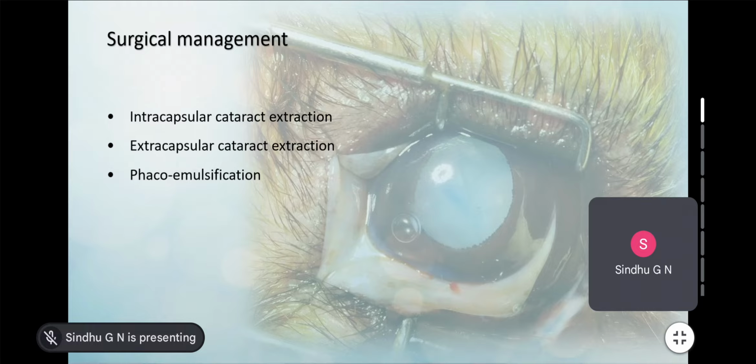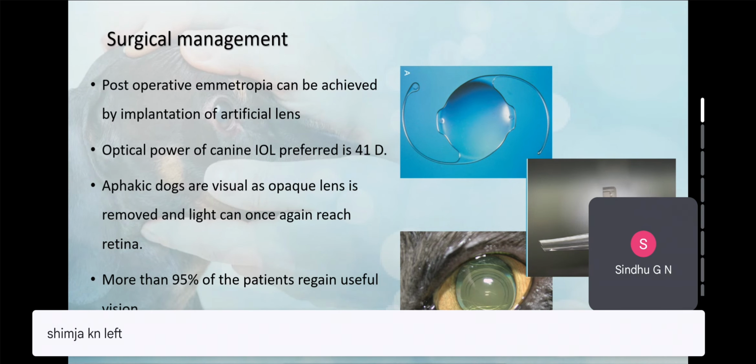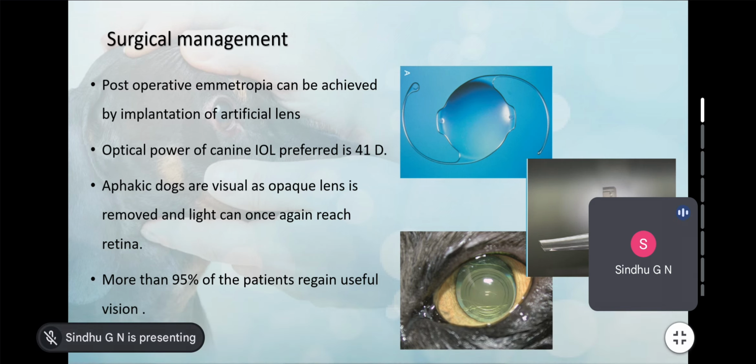Either way, the pet will have vision if all other structures are healthy. So postoperative emmetropia or normal vision can be achieved by implantation of artificial lenses. We universally use 41 diopter canine IOLs. Even without an artificial lens, pets can have vision because 70% of the refraction in the canine and feline eye is contributed by the cornea, not the lens.